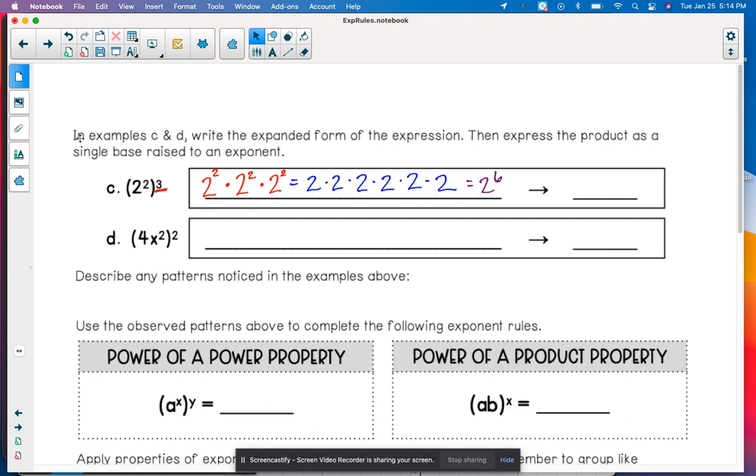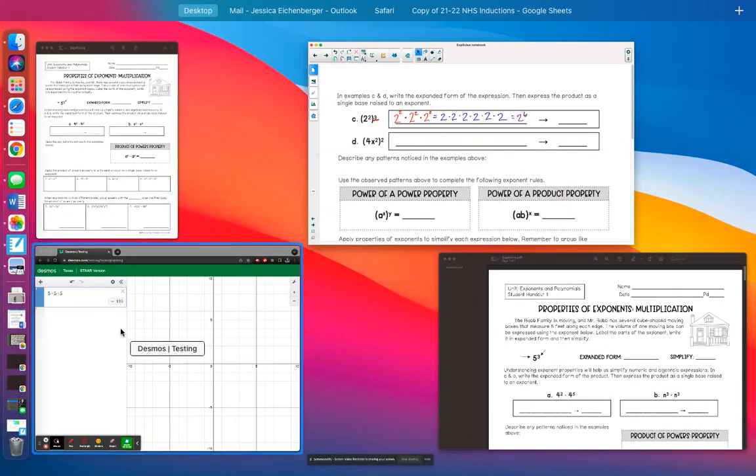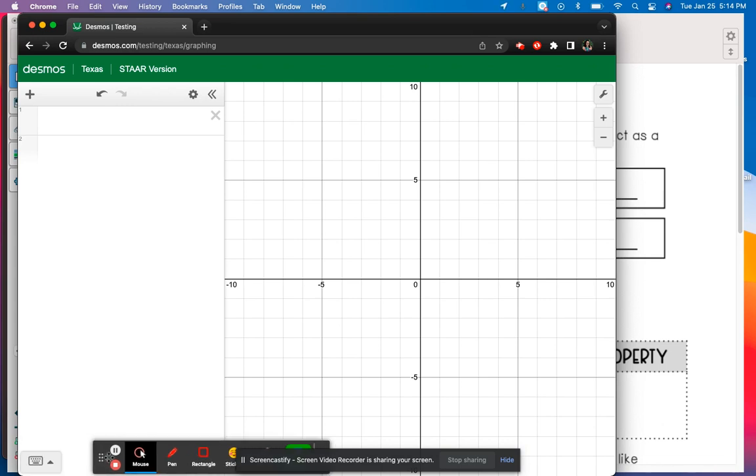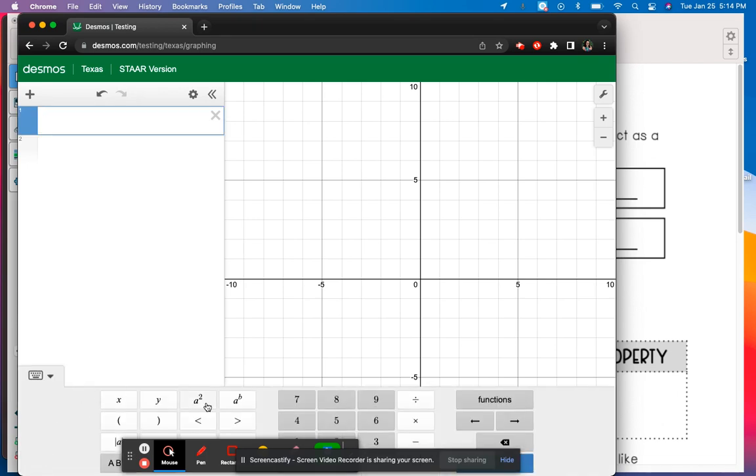If I was to go to Desmos and multiply it out, I click on the little keyboard down here, and I'm looking for a to the b. What that means is that I can type in any exponent that I need. So I'm going to type in my 2, then 6, and that gives me 64.